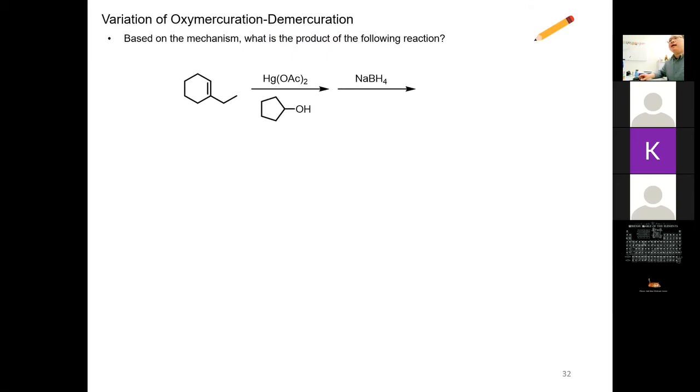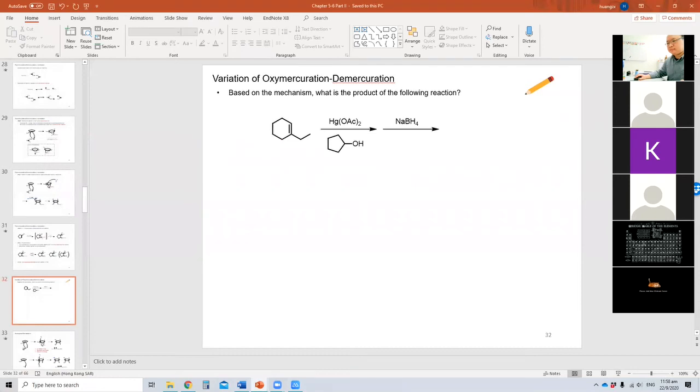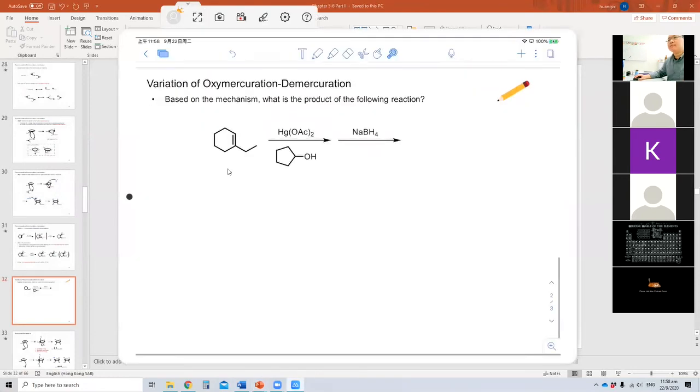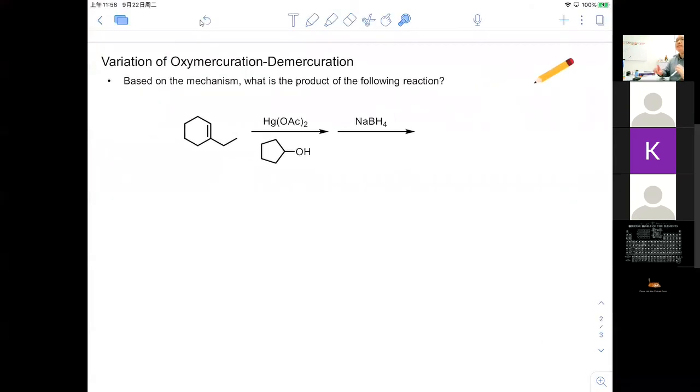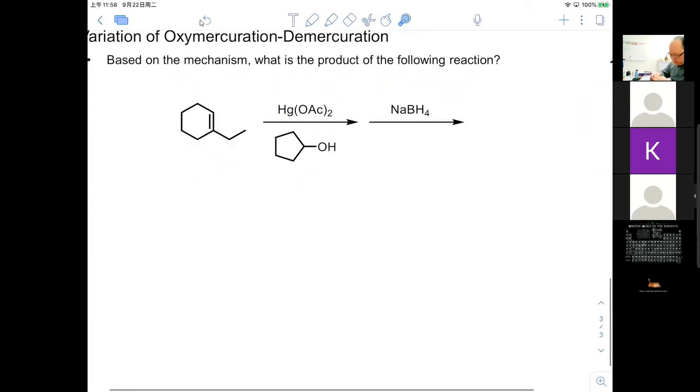Okay, so based on the mechanism of the oxymercuration and demercuration reaction, can you figure out the product of this reaction here? So take out your pen again. Let's practice on this together, all right? So what do we have here? We have an alkene.